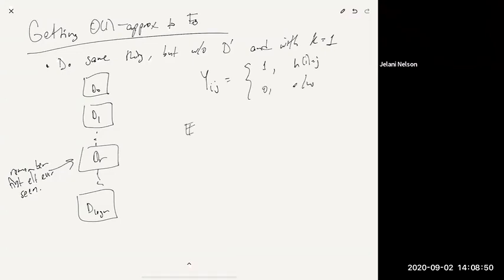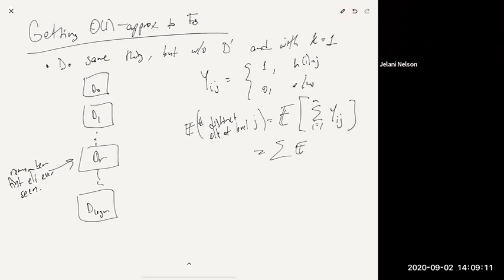So the expected number of distinct elements at level j is the expectation of the sum over i from 1 to n of y_ij, which is the sum of the expectations of y_ij.